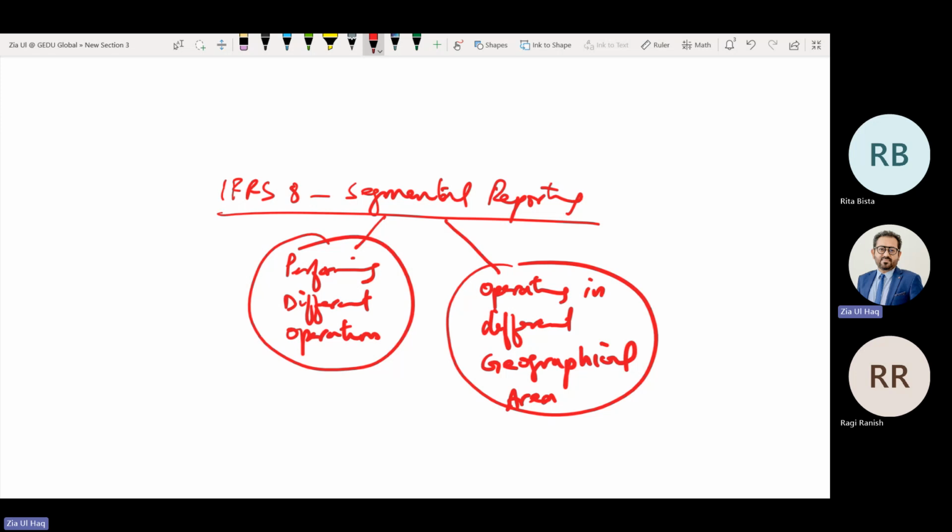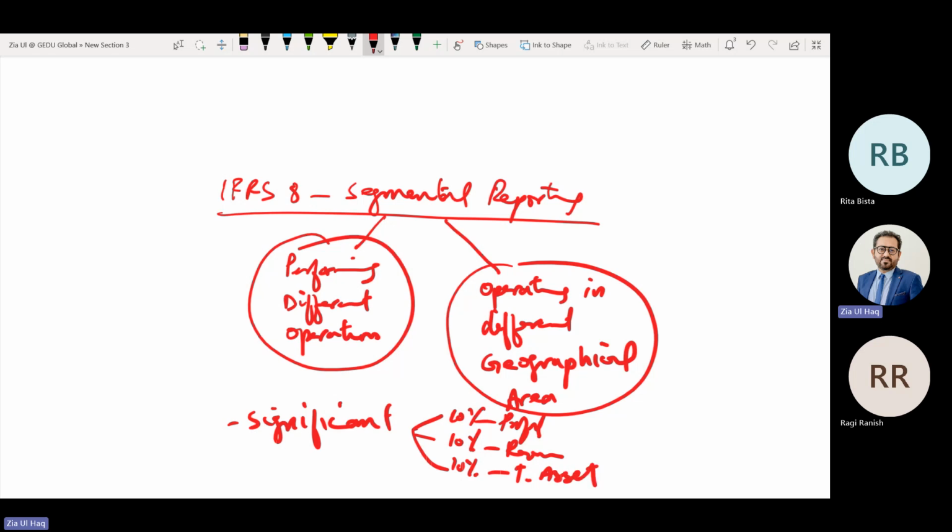And if that segment is significant, and in accounting, significant means the segment is 10% or more of profit, 10% or more of revenue, or 10% or more of total assets.